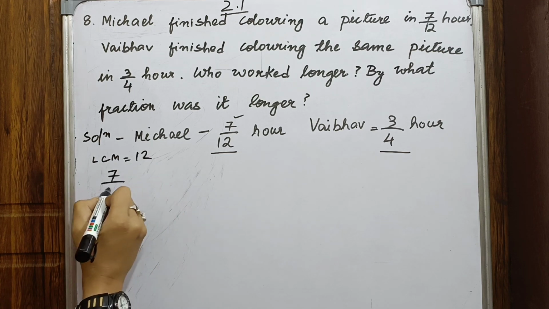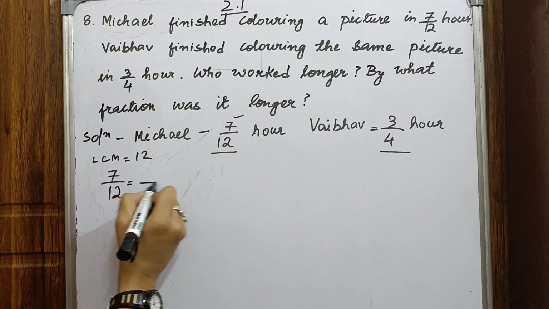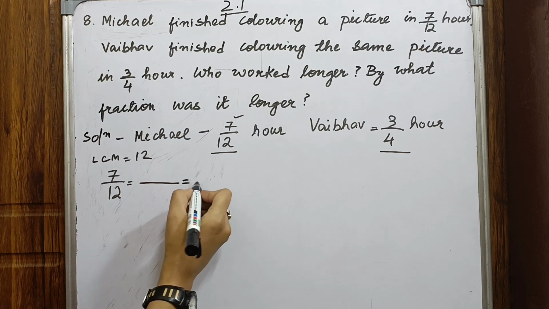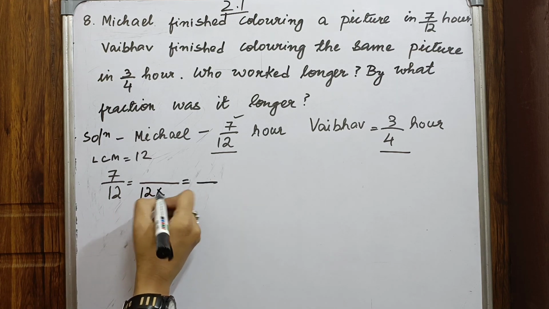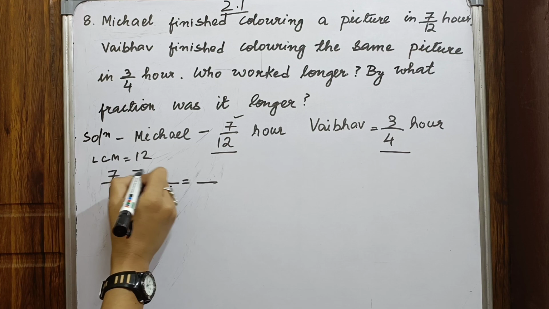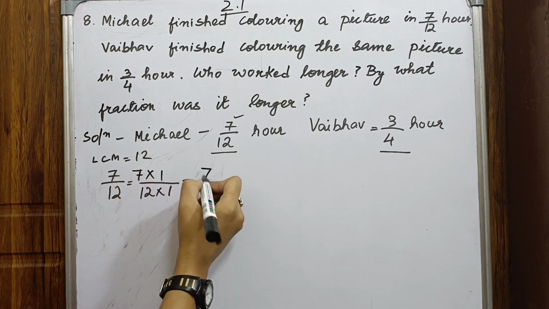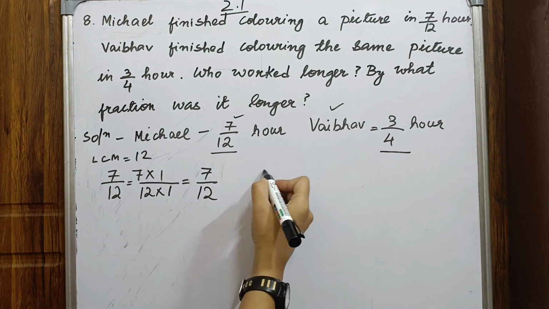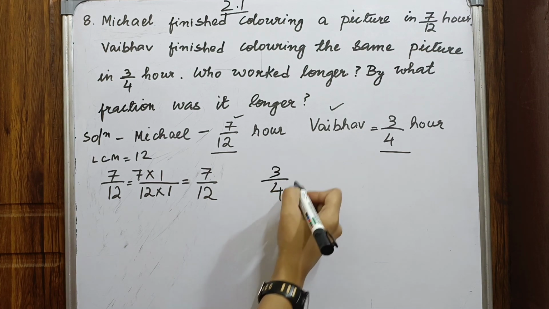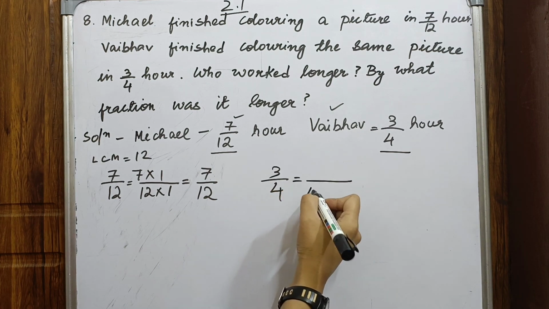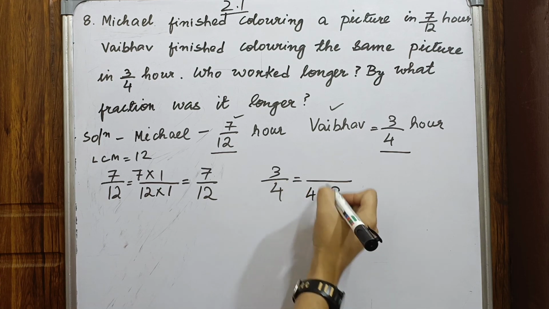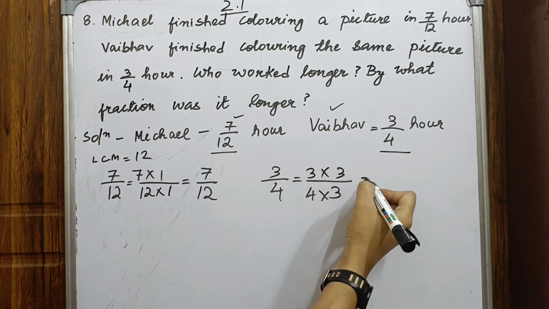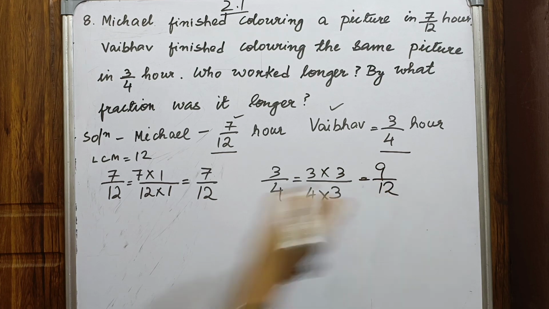So 7 by 12: 12 into 1 is 12, so in the numerator it is 7 into 1, which is 7 by 12. Now for Vaibhav, 3 by 4: 4 into how much is 12? 4 3s are 12, so 3 into 3, which is 9 by 12.